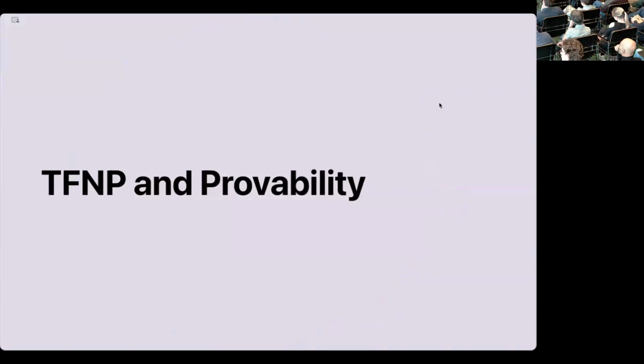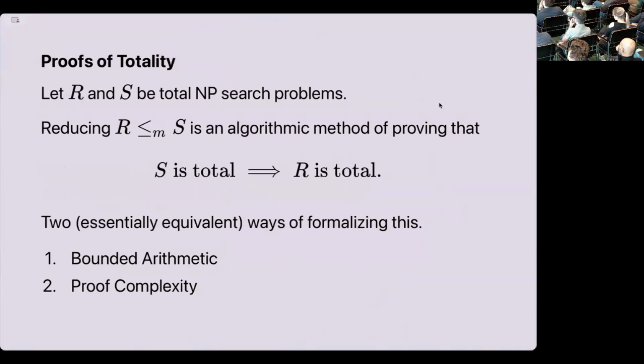Okay, so I'll start moving now into what's interesting for us in this talk. That's going to be TFNP and how it relates to provability. The root of this comes from the fact that since all of these problems are total, there must be some theorem that witnesses their totality, right?